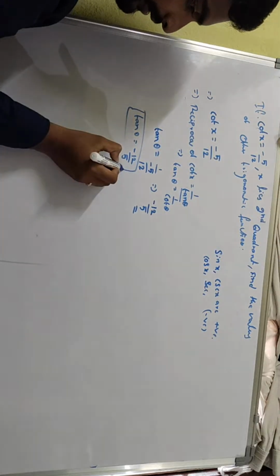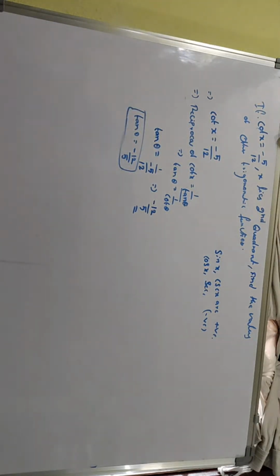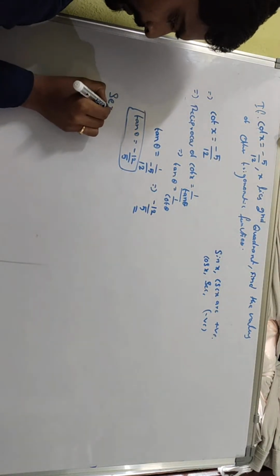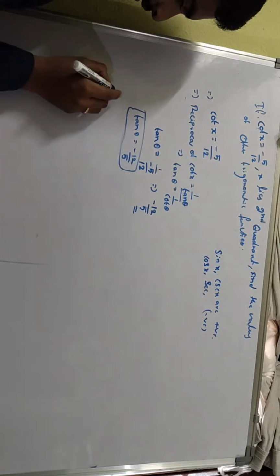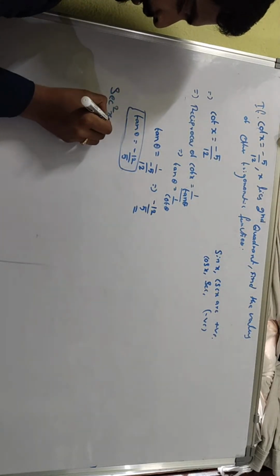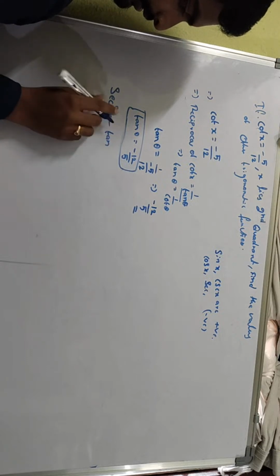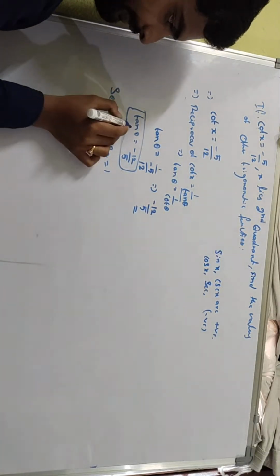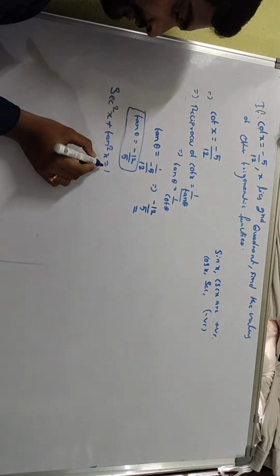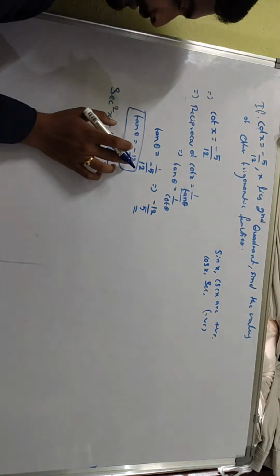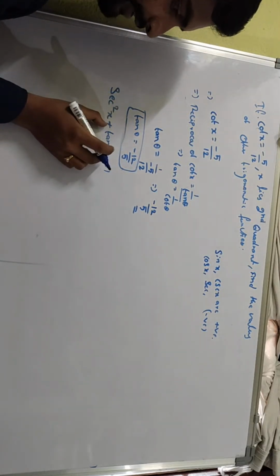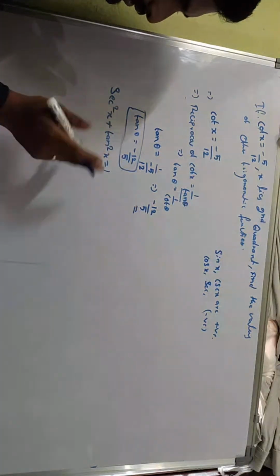We are already well aware of the trigonometric identity: secant square theta minus tan square theta is equal to 1. Already we have the value of tan x, minus 12 by 5. For finding the secant square x value, tan square x goes to the right side of the expression.